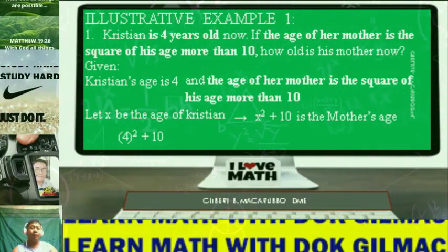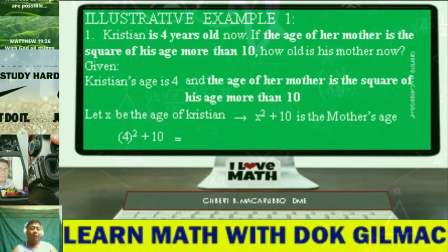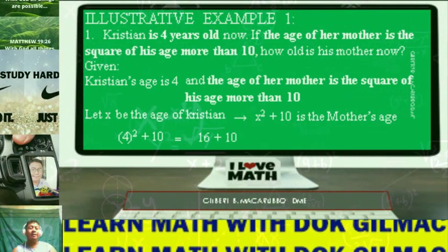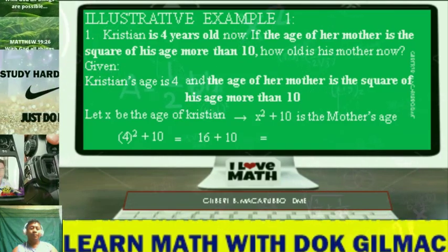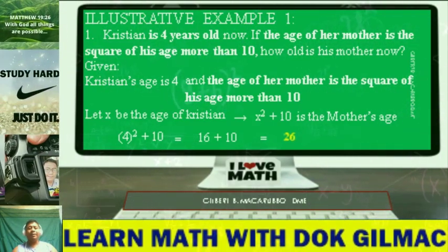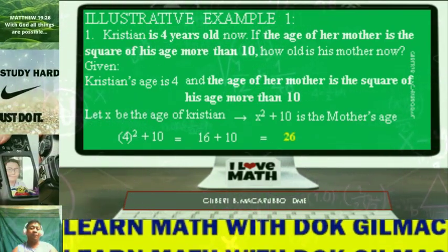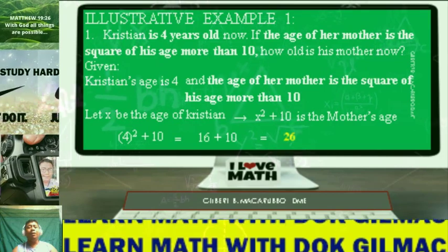So we have 4 squared plus 10, which is just equal to 16 plus 10, which is equal to 26. Therefore, the age of Christian's mother is simply equal to 26.